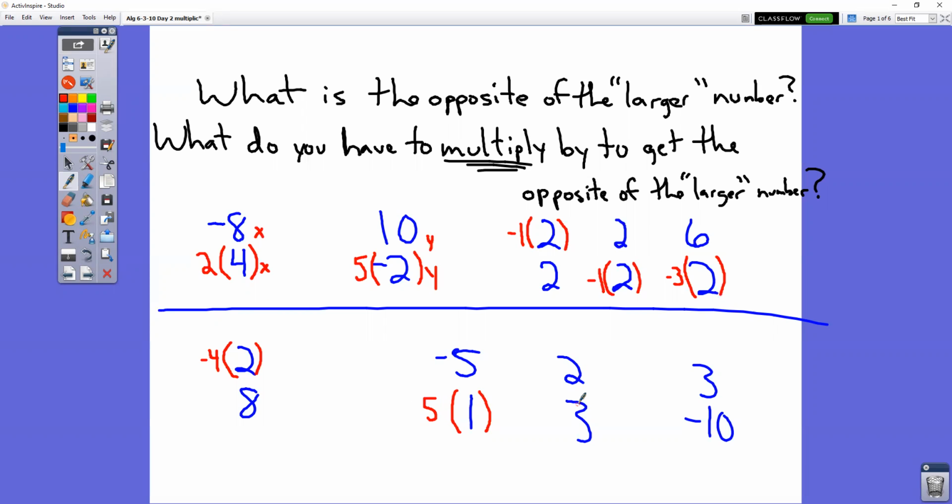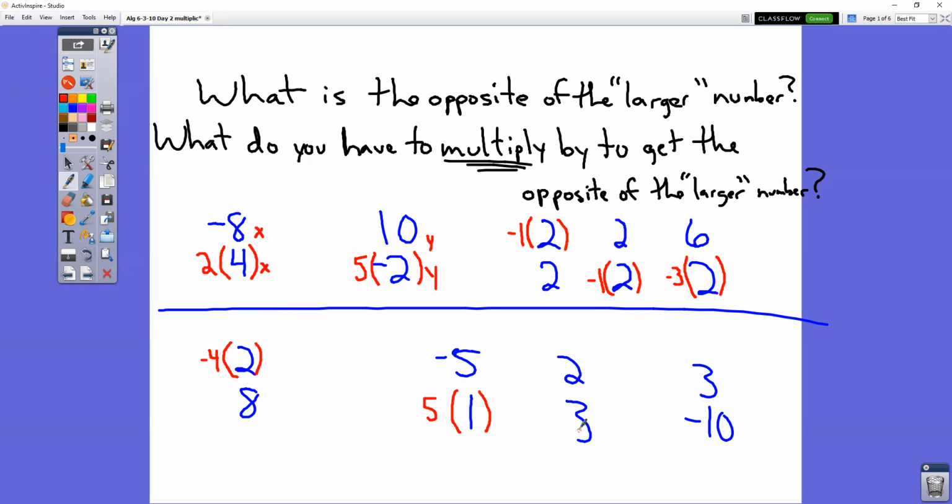2 and 3. Now, sometimes in all these examples that we had before it, the one number was evenly divisible into the other number, so all you had to do was multiply one of the numbers by a number to get the opposite.